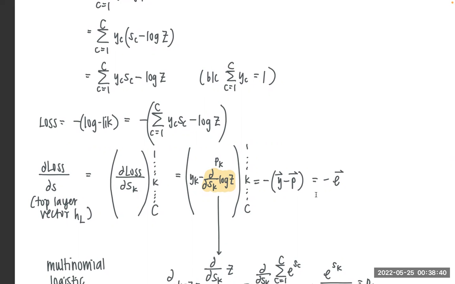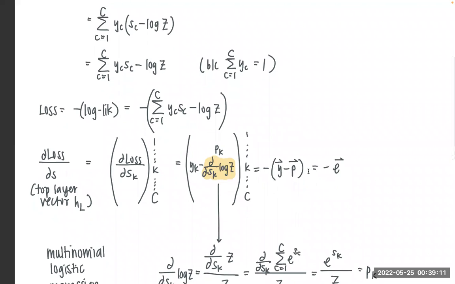It is always in the form of negative E, which is a 10,000 dimensional one hot vector, minus this 10,000 dimensional probability vector. So in the language model, for each sentence and for each word in the sentence, you have such a derivative, and you backpropagate it back to all the model parameters. This is for each single training example.